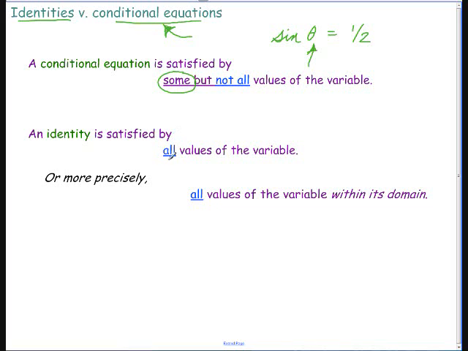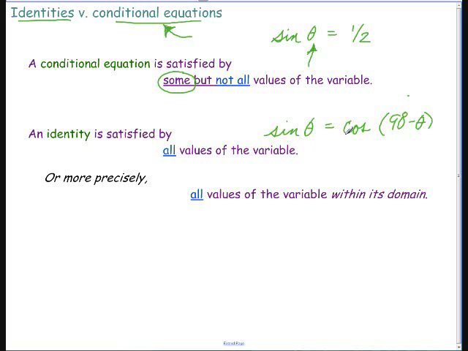An identity is satisfied by all. So if I had sine theta is equal to the cosine of 90 minus theta, we're working here in degrees, this is always true.